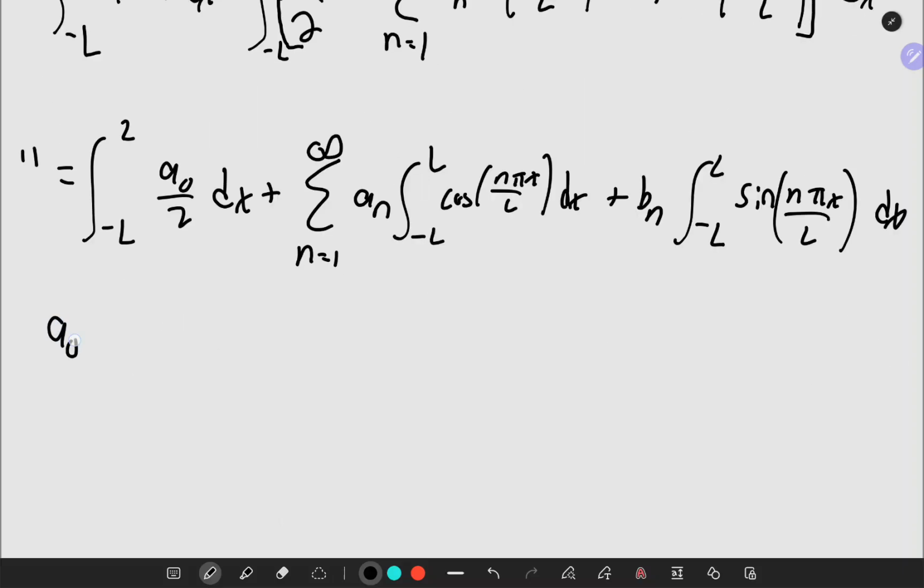We can integrate the first one. That's just a sub naught over 2 times x from negative L to L, plus the sum of a sub n times, let me think about this.